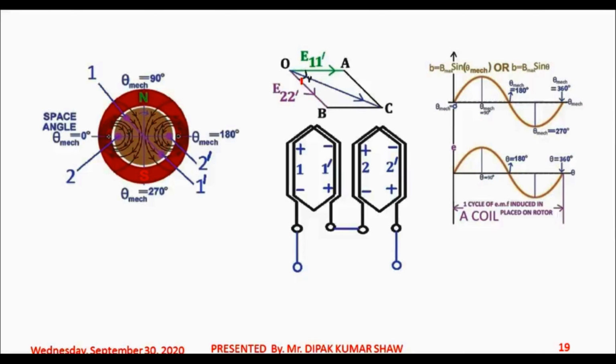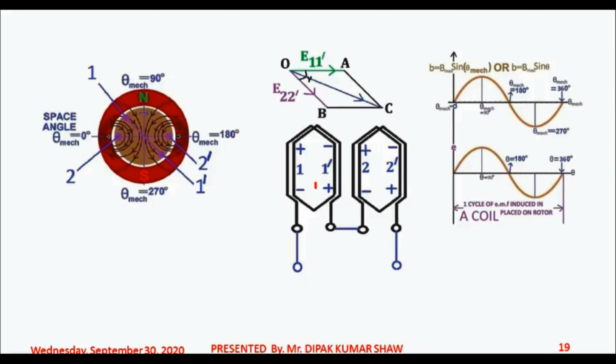So we have represented the EMF induced in coil 1-1' by E11', and the EMF induced in coil 2-2' by E22'. Now the question is, can we simply add the voltage induced in coil 1-1' and coil 2-2'?